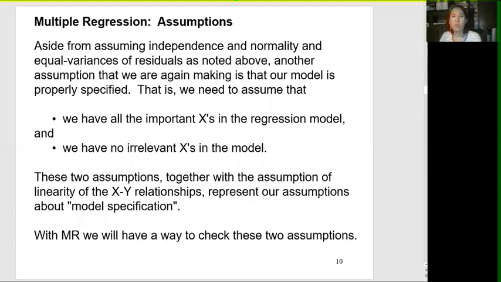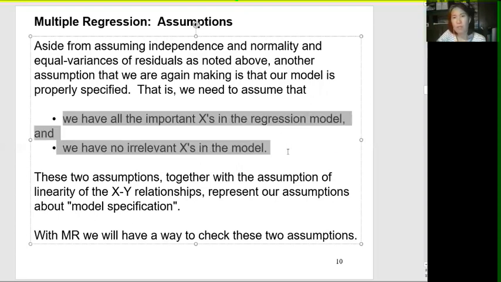Multiple regression assumption. We already covered this assumption before. This is model specification. Okay. There are 2 elements of model specification. We have to memorize this, okay? Number 1, all the important x's should be included in the model.